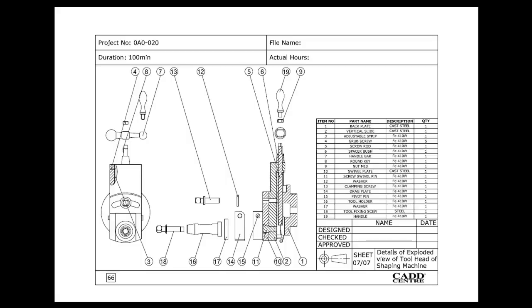The next assembly is tool head of shaping machine. This is the worksheet given in your project workbook, which shows the dismantling of all the components with part list and also ballooning. Nearly we have 19 components in this assembly.